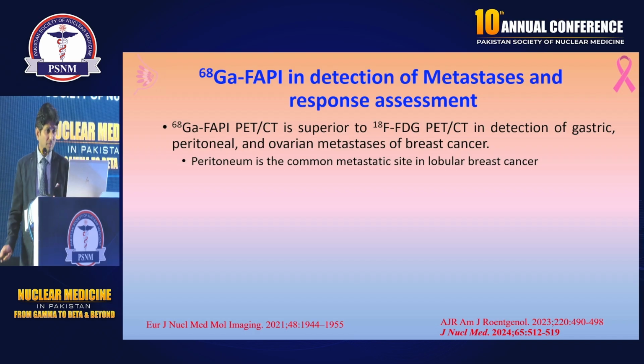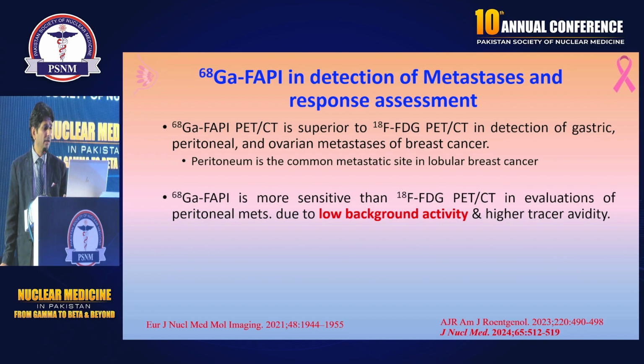Additionally, FAPI is very good at detecting metastasis, especially at unusual metastatic sites like gastric, peritoneal and ovarian metastasis. One of the prominent metastases is peritoneal metastasis, which is very common in invasive lobular cancer. Why is FAPI very good at detecting peritoneal metastasis? Because it has a very high tumor to background activity, with very high uptake in small peritoneal disease.